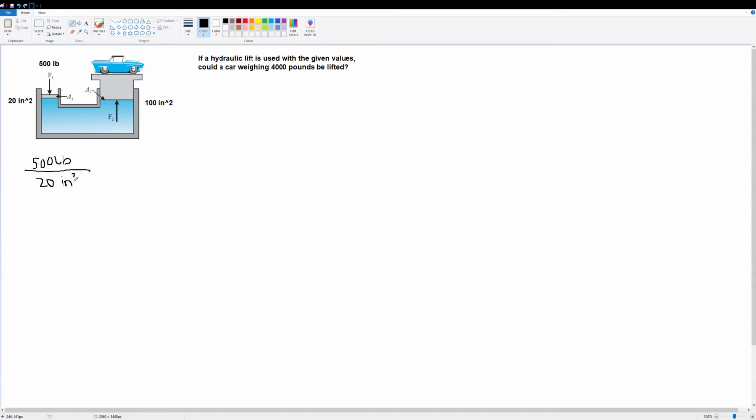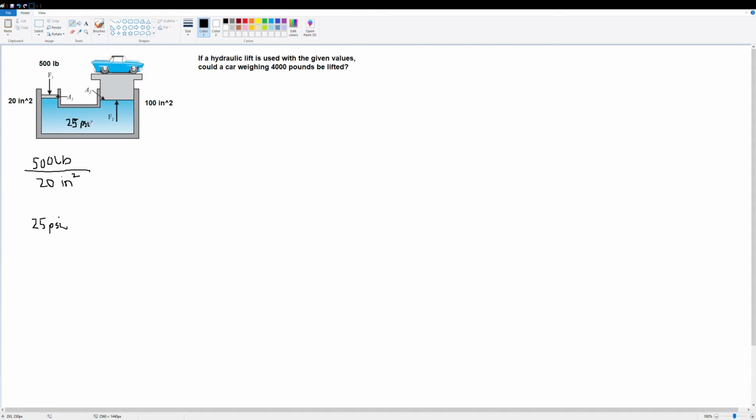Notice that's pounds per square inch, or PSI. What's 500 over 20? That should give us 25 pounds per square inch. So because of that input force, I have 25 psi in my fluid, exerted everywhere undiminished.